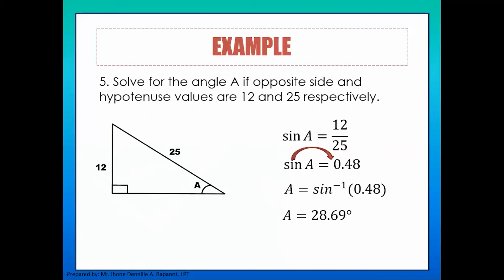And again, you have to be mindful about the position of the values and transpose whatever trigonometric function it is, whether it is sine, cosine, tangent, to the other side of the equation in order to get only the measure of the angle. You can actually use the calculator to do this kind of example. I hope everything is clear.